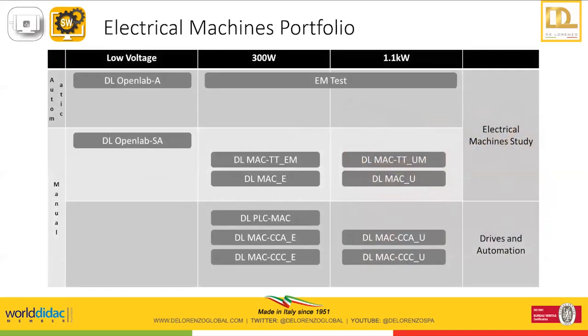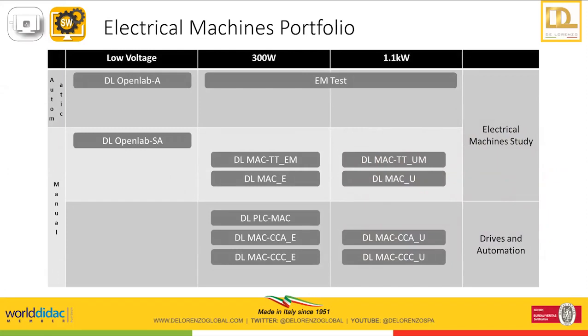So just to give you an idea about the electrical machines portfolio, as you see, we have different power labs. We have low voltage lab, 300-watt lab, and 1.1 kilowatt lab. The 300-watt lab, we call it Eurolab, and 1.1 kilowatt lab, we call it Unilab. And on low voltage, we have two configurations in the electrical machine study.